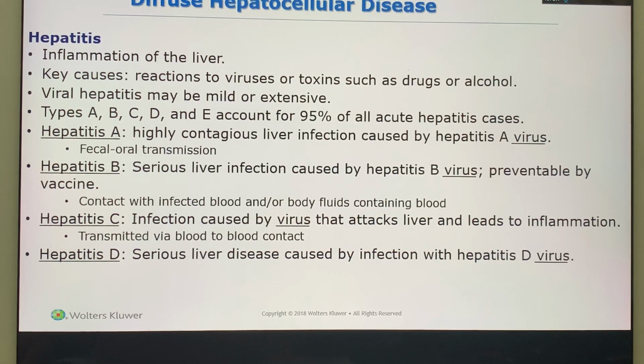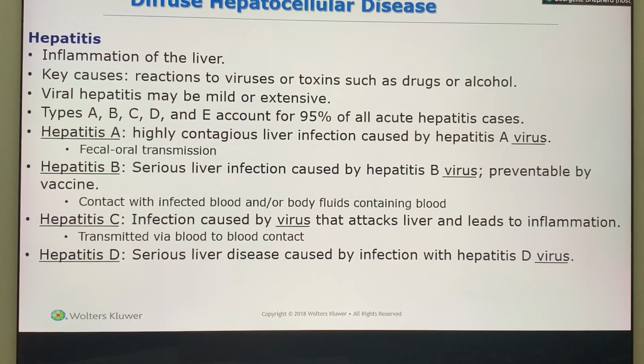Hepatitis, you need to know, is inflammation of the liver. Hepatitis A, you get from fecal-oral transmission, and it's very, very contagious. Hepatitis B is when a person comes in contact with blood or bodily fluids.